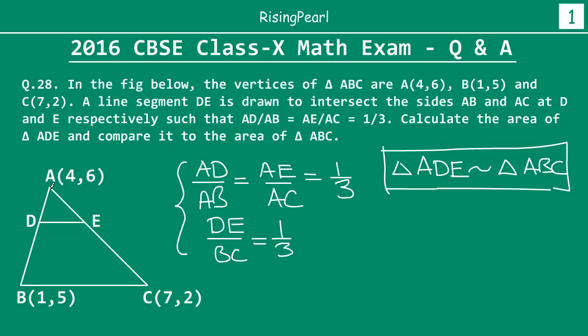Now if we were to drop a perpendicular, and let's say the perpendicular intersects here at X and here at Y, so this is 90 degrees, this is 90 degrees.